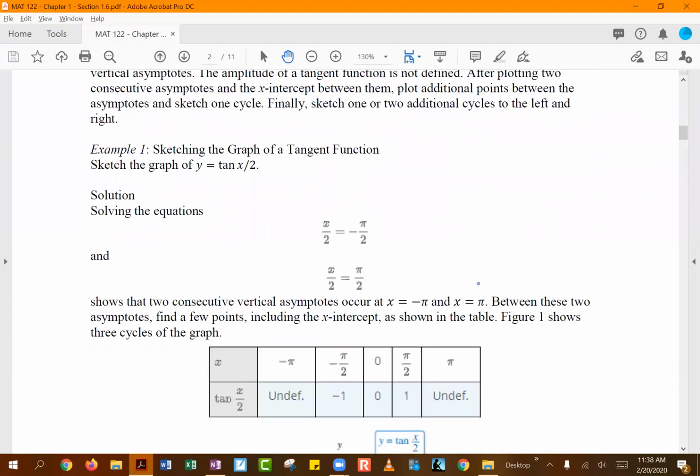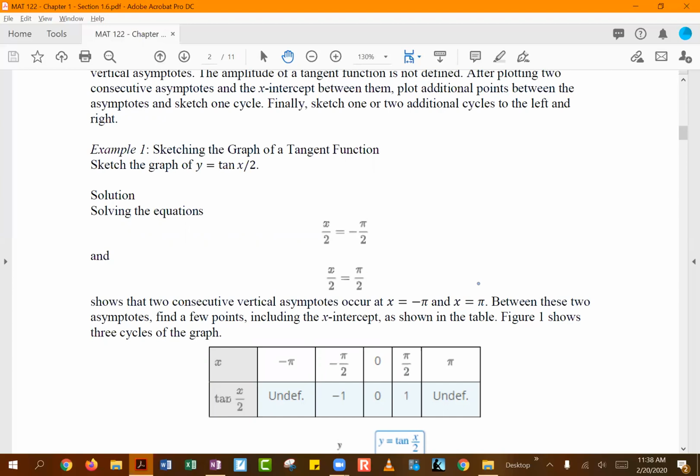So just starting with the basic example, y equals tangent of x over 2. Again, what would be our a, b, c, and d values looking at this function? What is given to us? A is 1. B is 1/2, and we don't have C, we don't have D in this case.